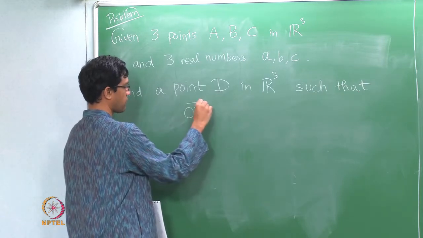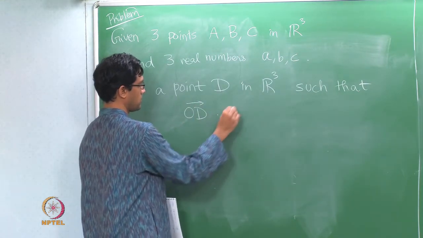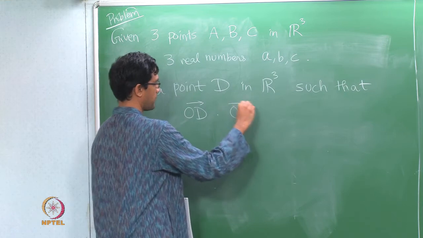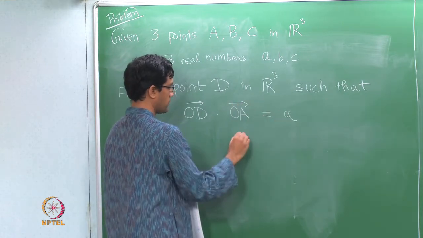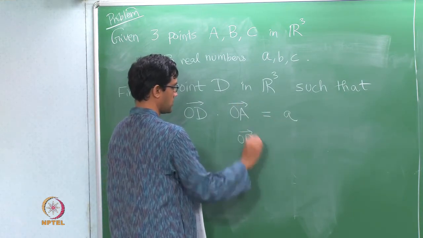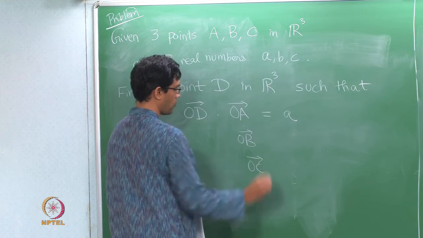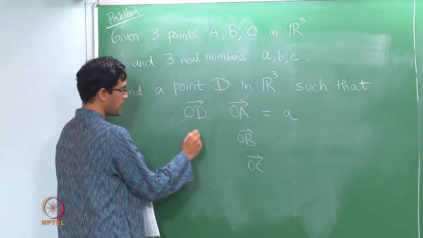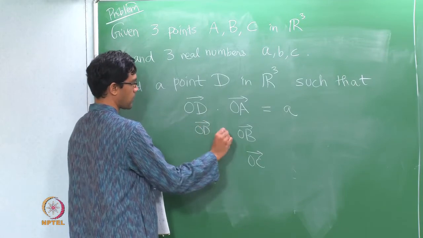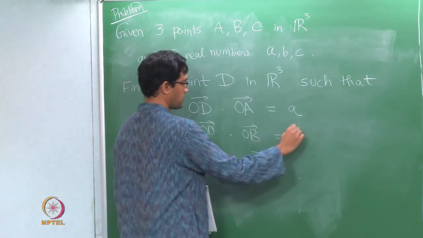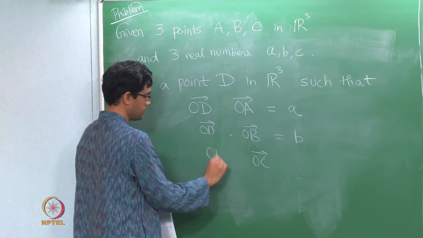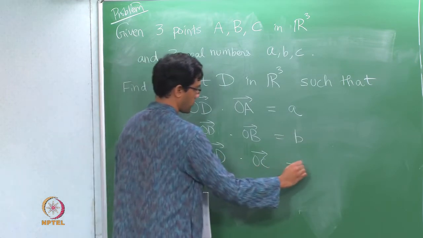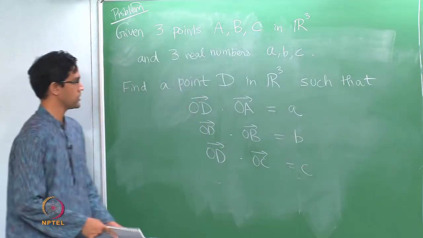The position vector of D has prescribed dot products with these 3 other position vectors. So I have 3 position vectors OA, OB and OC. I want OD to have dot product A with OA, dot product B with OB and dot product C with OC.